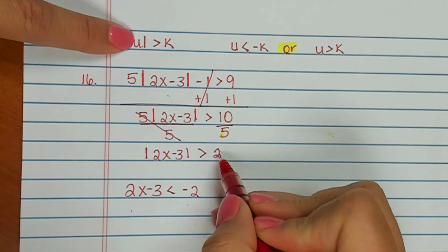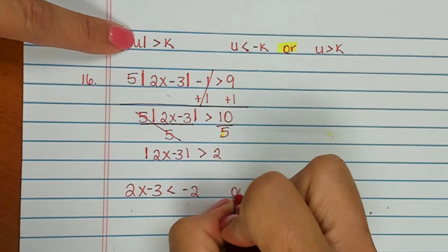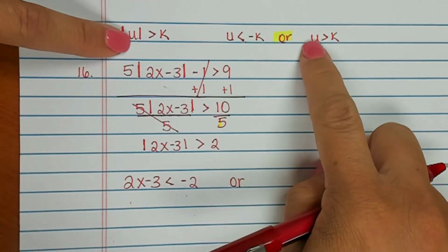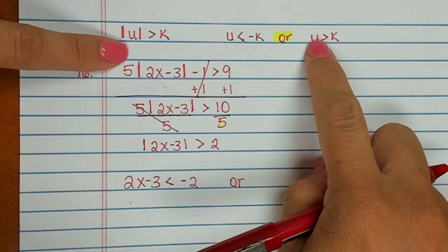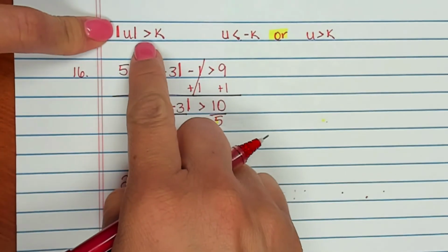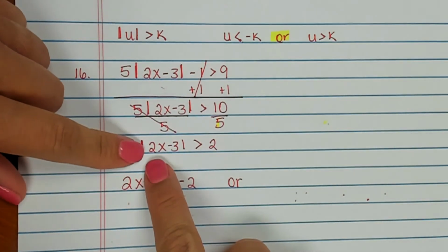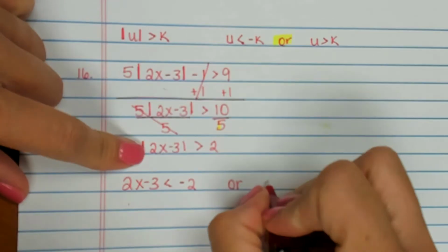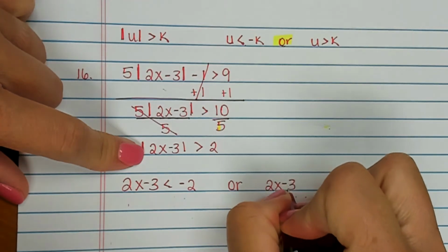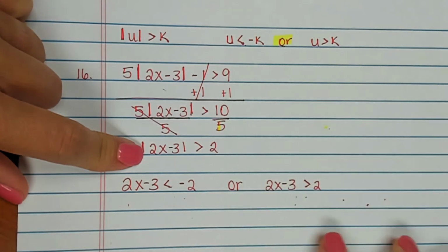Negative 2 is the opposite of positive 2. Then we're going to say or, and then u is greater than k, which is just what I have here without the absolute value signs. So 2x minus 3 is greater than 2.